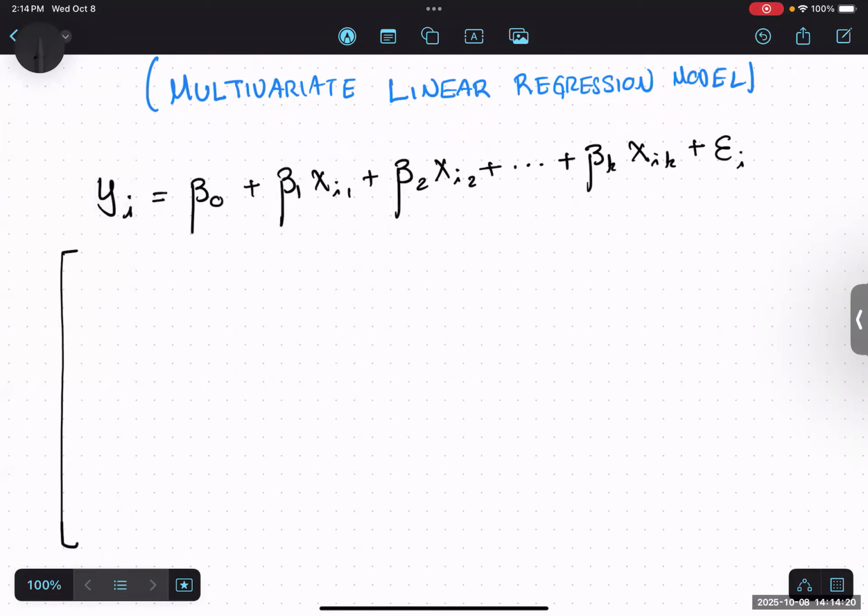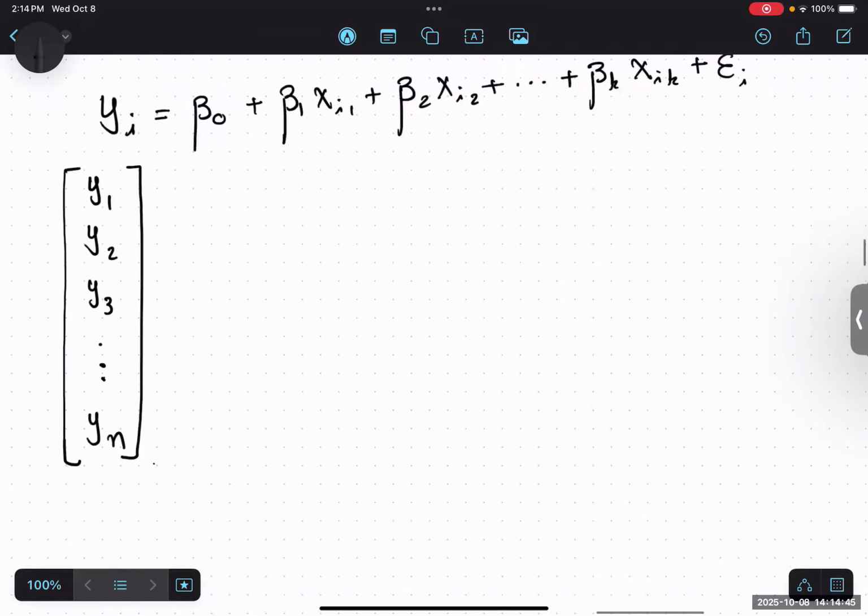Suppose that all the observations that you observe for each individual i are clearly summarized by this vector with observations y1, y2, y3, and you keep going up to yn, because you have n observations. Clearly, this is a vector with n rows and 1 column.